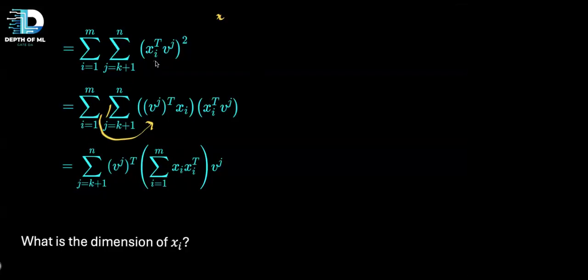X transpose. So what I've done is I've just written it twice and rearranged it a bit. I have taken the summation inside, and when I've taken the summation inside, first of all, tell me what is the dimension of every data point, where xi is a data point? 1 cross n, right? And what is the dimension of xi transpose? N cross 1, correct? And what are these things?